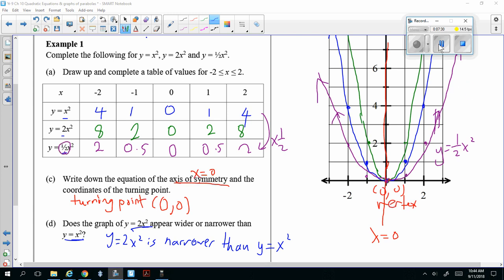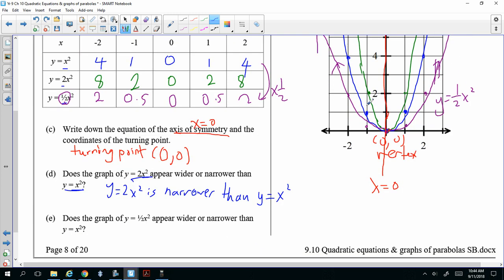Continue on. Now, how about we compare the graph of half x squared and x squared? Is it wider or narrow? So y equal to half x squared is wider than y equal to x squared. Any question? All good?